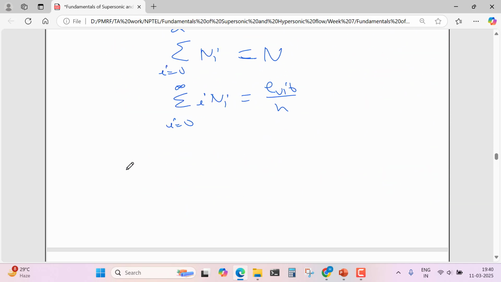So we'll get dE vibrational upon dt equal to k1,0.